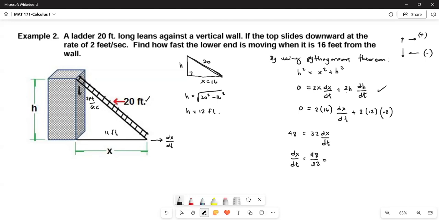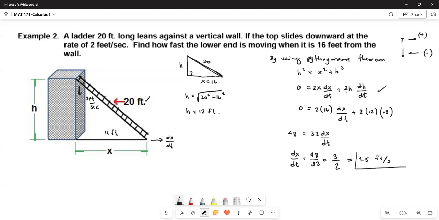So ito ay magiging equal sa 3 over 2 or 1.5 feet per second. So positive yan kasi nga papuntang kanan yung ating movement.